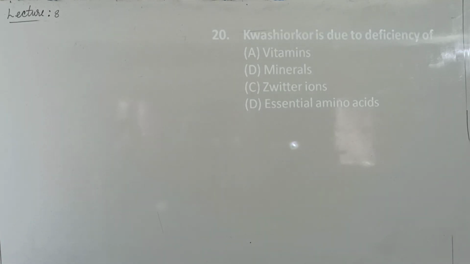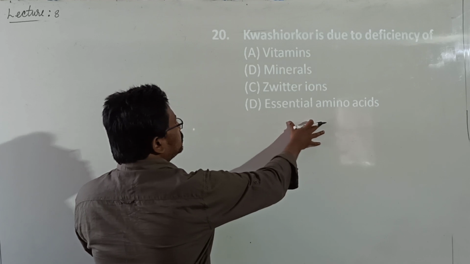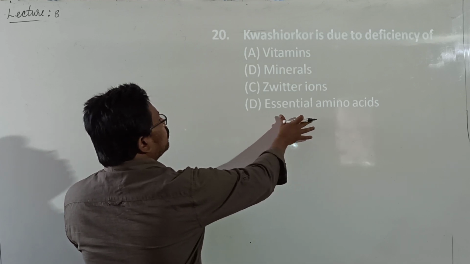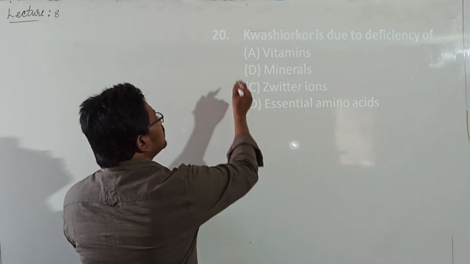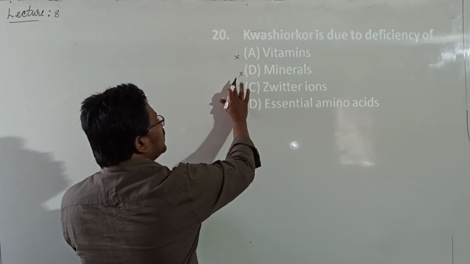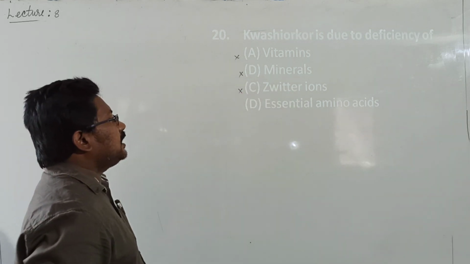We have already seen that kwashiorkor is due to deficiency of proteins, and the proteins are formed from the essential amino acids. So kwashiorkor is not a deficiency of vitamins, and it is not a deficiency of minerals or simple ions.